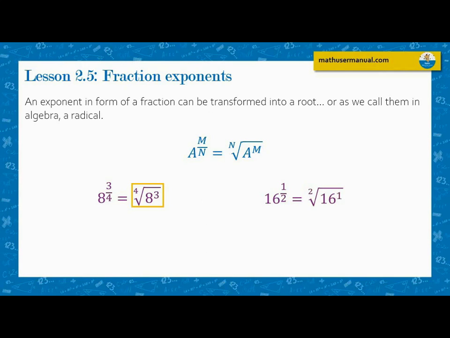But let's remember this real quick. When a number has an exponent of 1, we don't really write that exponent. So we can delete this number 1. And in the same manner for radicals, when we have a 2 in the index of the radical, that's the default radical, a 2. So we can actually not write the 2 when we have a 2 in the index of the radical.